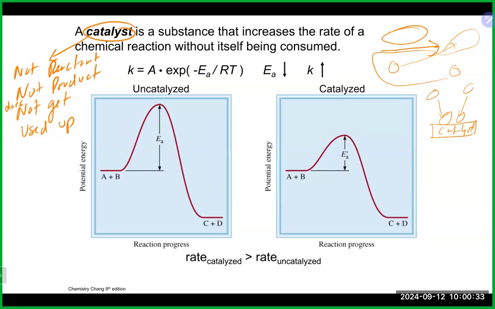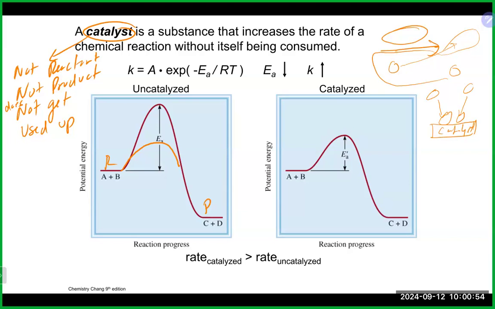So by finding that efficient pathway, ultimately what a catalyst does, when we look at our reaction diagram here, our energy diagram, is it's able to lower this activation energy. By finding an alternative pathway, the end result is the activation energy is lowered.